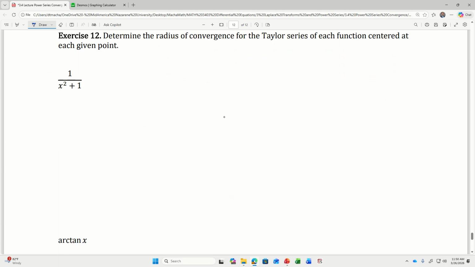Okay. Determine the radius of convergence for the Taylor series of each function centered at each given point. Same question. What about 1 divided by x squared plus 1? Where are the singularities?